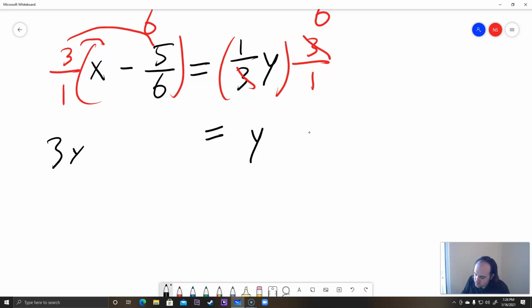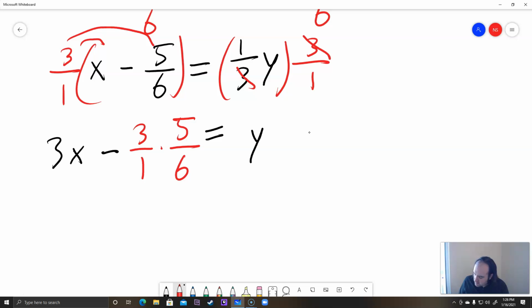If your denominator is 1, you don't have to write it. For the second term, we have 3 over 1 times 5 over 6. Remember, to multiply fractions, you multiply straight across: multiply the numerators, multiply the denominators, and then simplify.